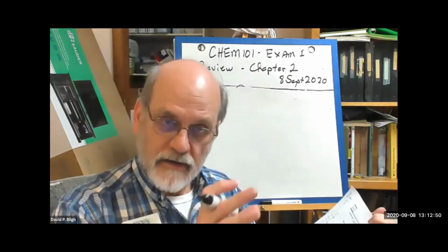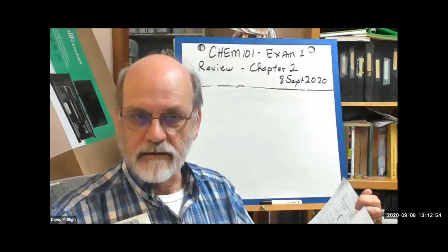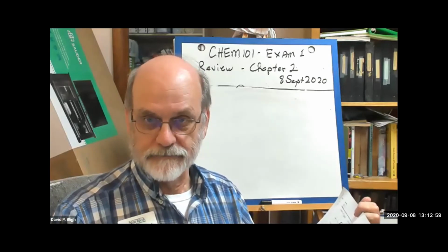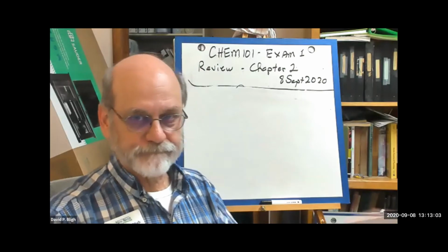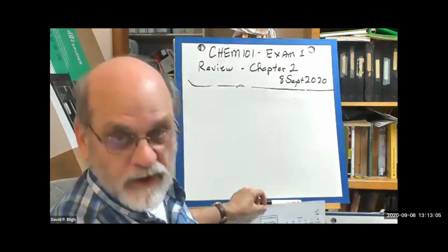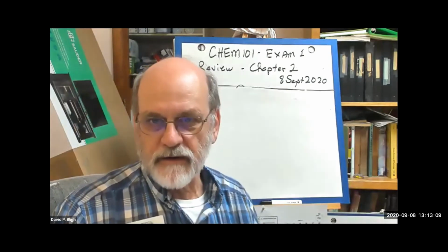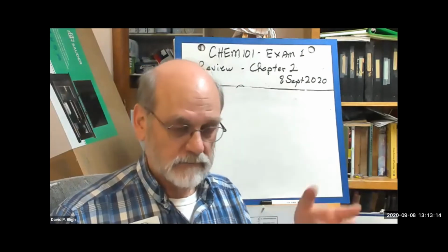Whereas the mass number is simply counting the number of nuclear particles, protons and neutrons. We'll get to that later. Right now, we're just talking about the mass number and the atomic number.